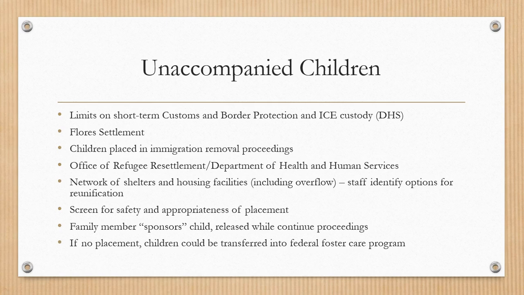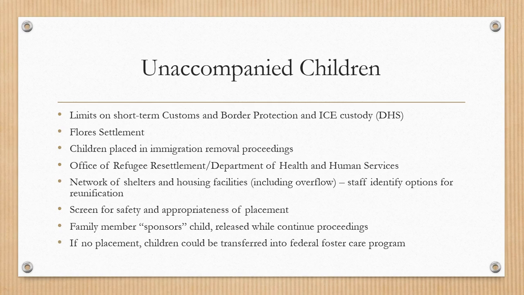they are not able to be held for longer than 72 hours at the border or in ICE custody. So they're transferred to the custody of the Department of Health and Human Services. Children are, upon arrest, placed in immigration removal proceedings, so they're placed in deportation proceedings, because U.S. immigration policy applies the exact same way to children as it does to adults.